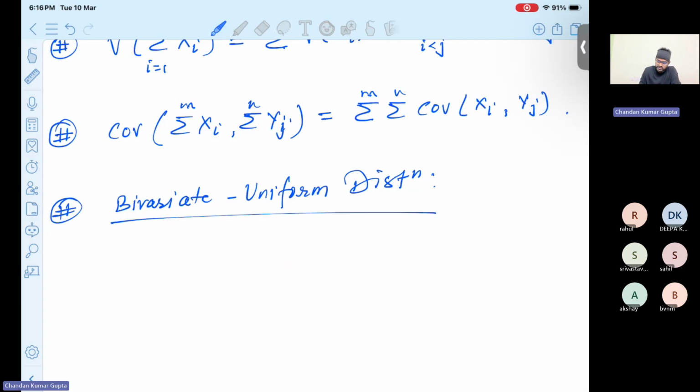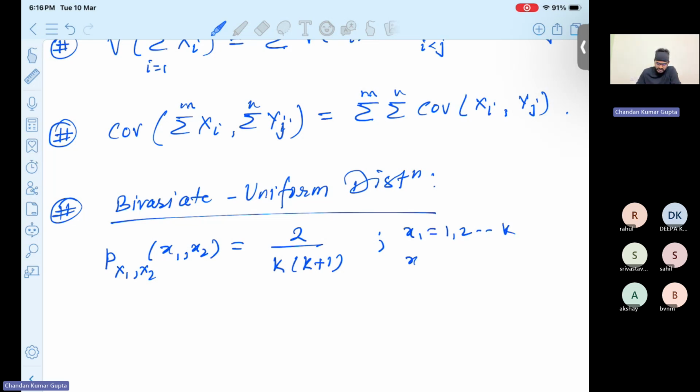So here, bivariate uniform, with normalizing constant twice k plus 1, where x1 ranges from 1 to k and x2 from 1 to k, and k is any positive integer.